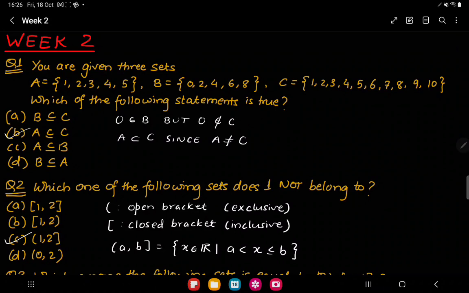So this symbol over here, this means subset. So A less than equal to C, or A is a subset of C.